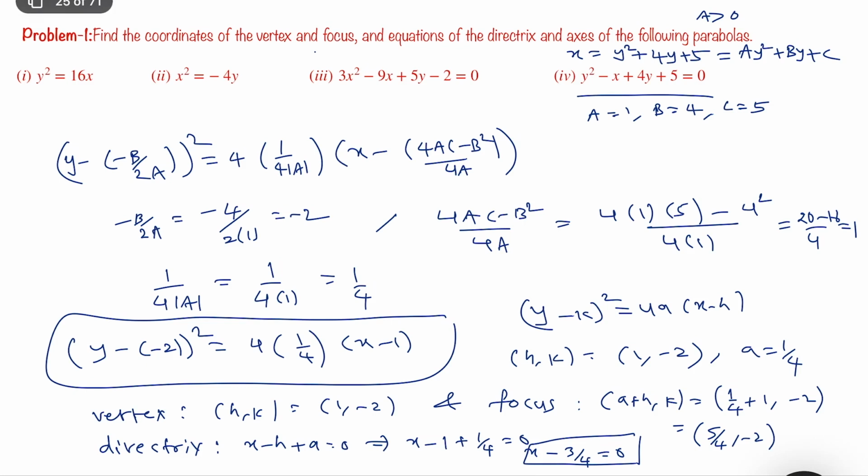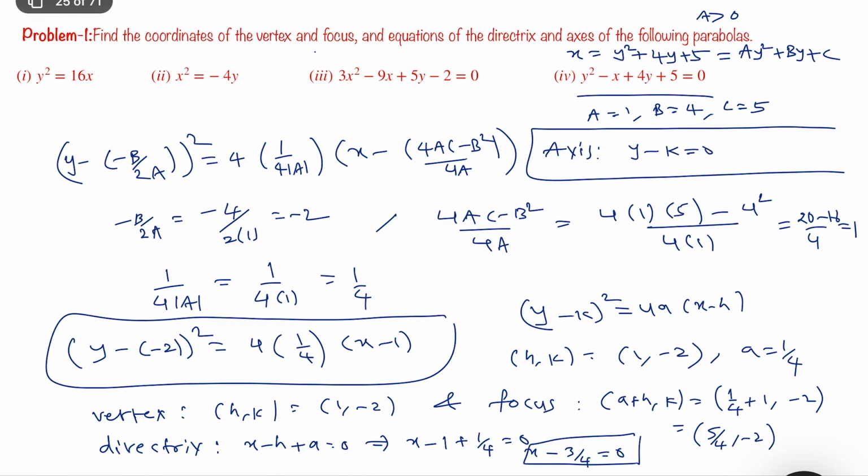Next, axis. What about the axis? Let me write here. Axis equation is going to be y minus k equal to 0. Simply y equal to k. So that's going to be y minus of minus 2, it's going to be plus 2. y plus 2 equal to 0.